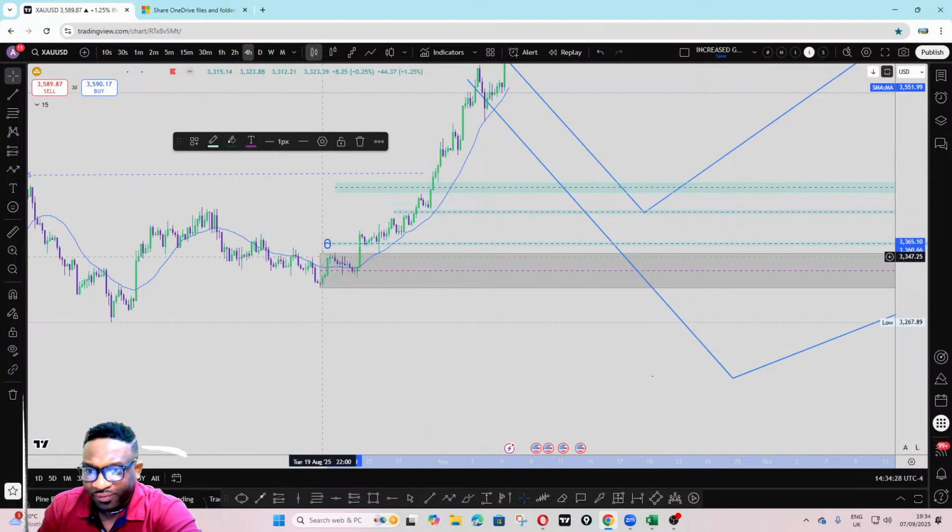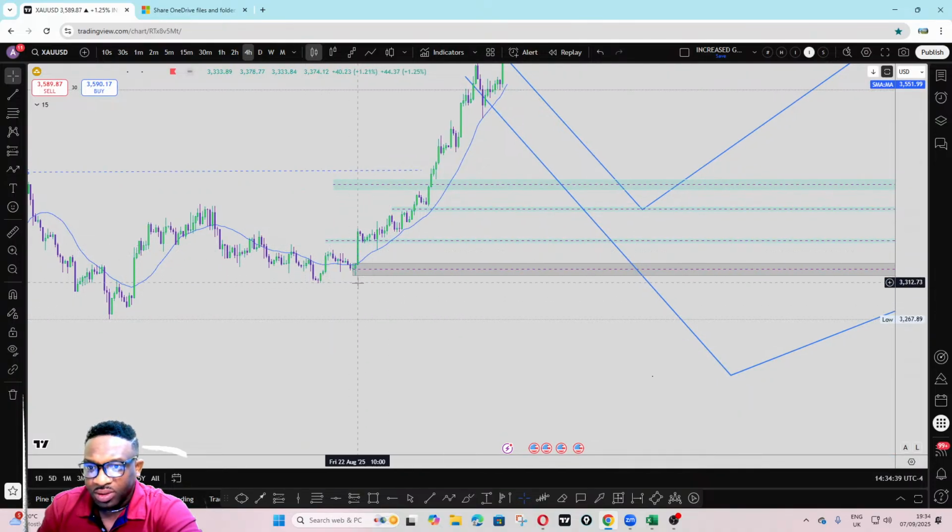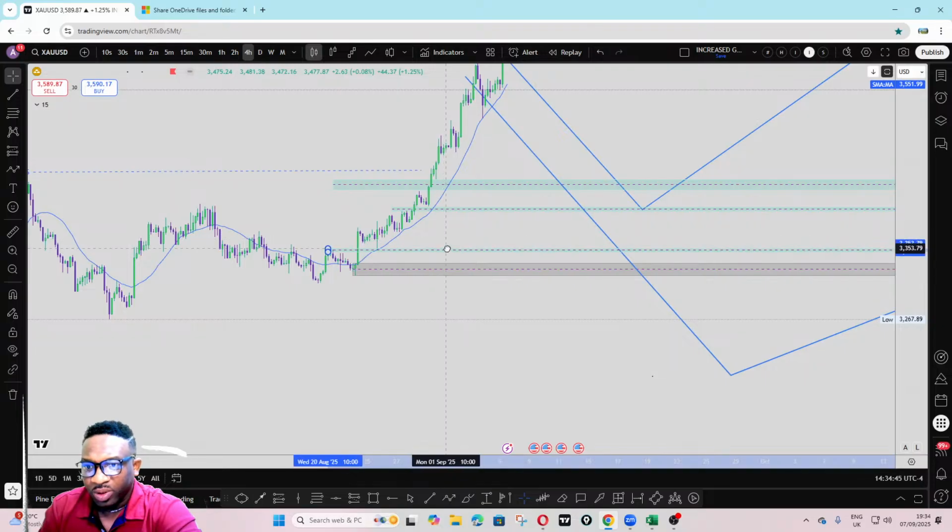So we can further refine the area we are looking at to this particular candle here, to this area, and then we can see this whole area of imbalance that we could be targeting for.